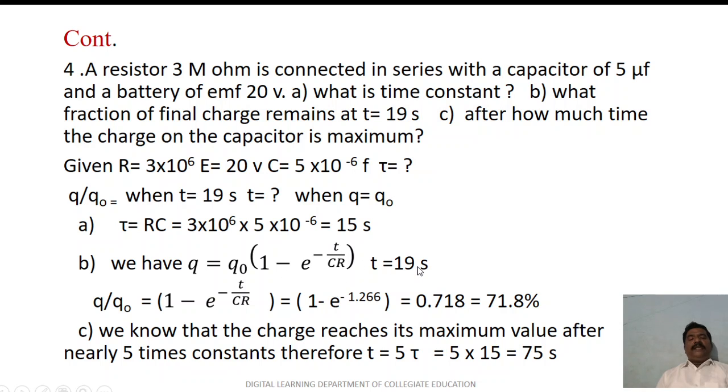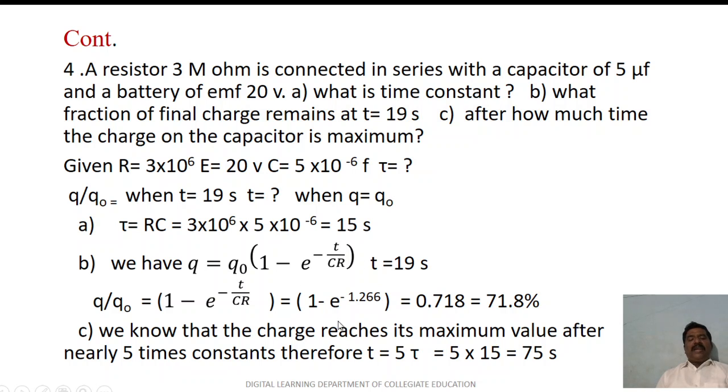When t is equal to 19 seconds, Q by Q naught is equal to 1 minus e raised to the power of minus t divided by CR. Substituting the value here, 1 minus e raised to the power of minus 1.266, that is the t divided by CR value, 19 divided by 15, you will get 1.266.